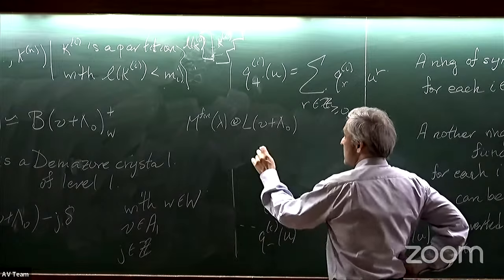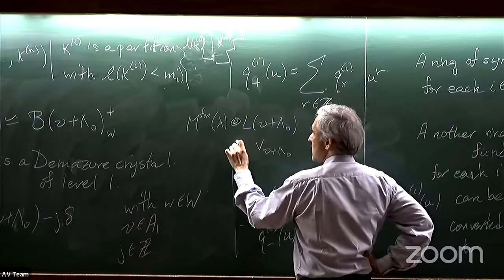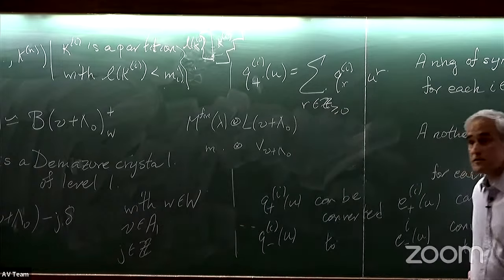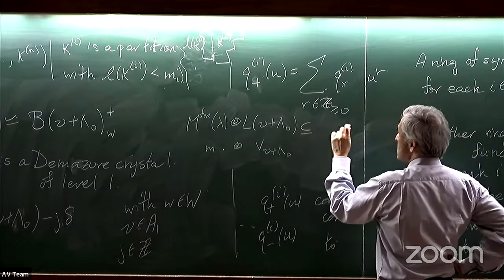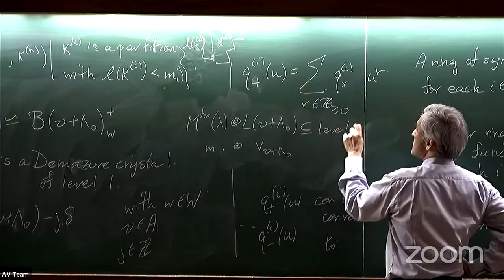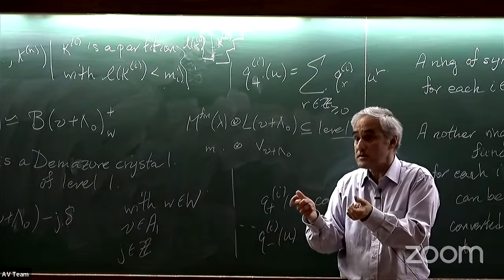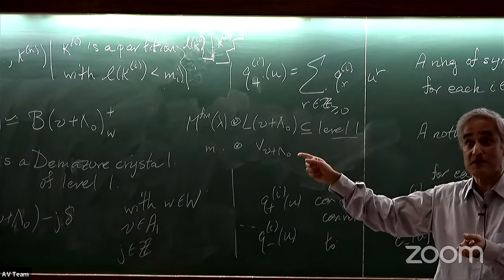And inside of here, I have the highest weight vector for that, and then I have vectors in here. So I get some piece sitting inside of some level 1. And the problem is to identify what is that piece. In some cases it's right, and in some cases it's not right.